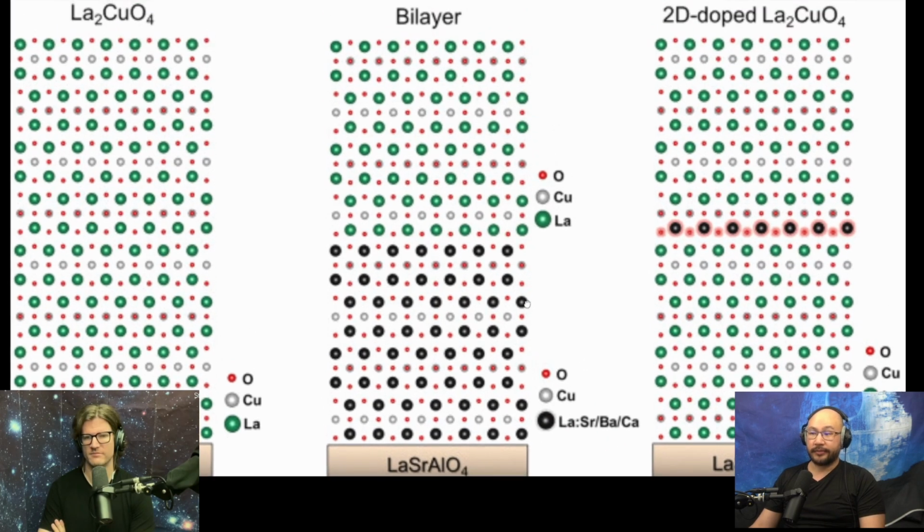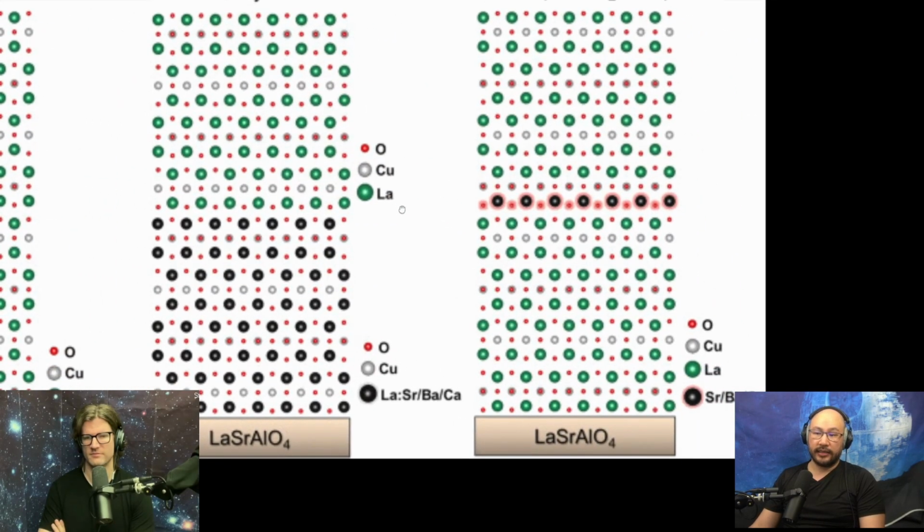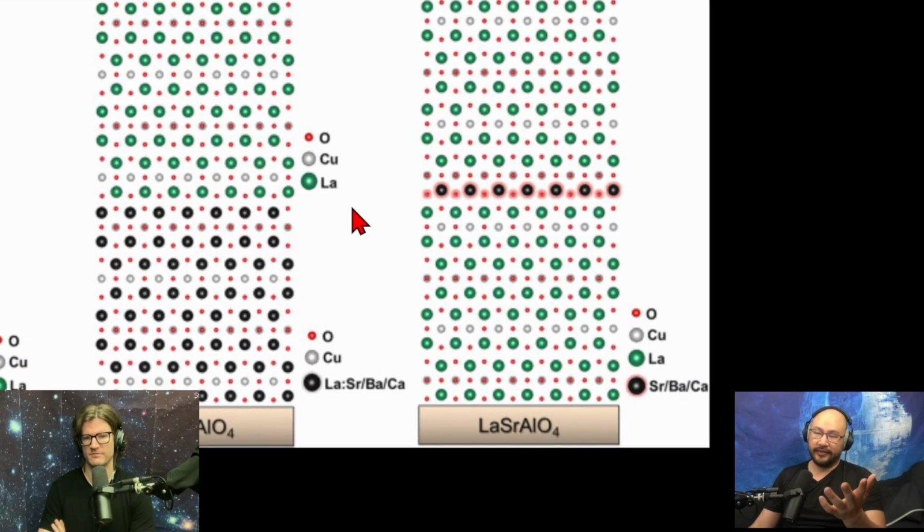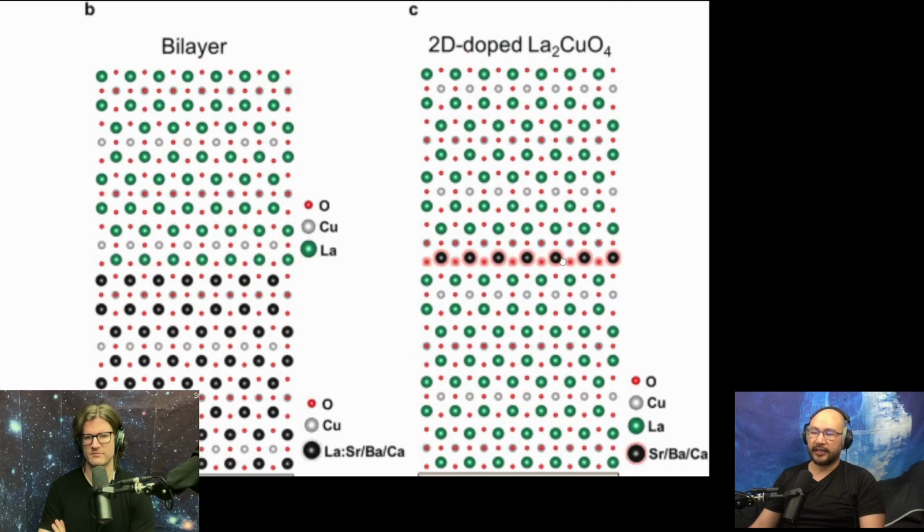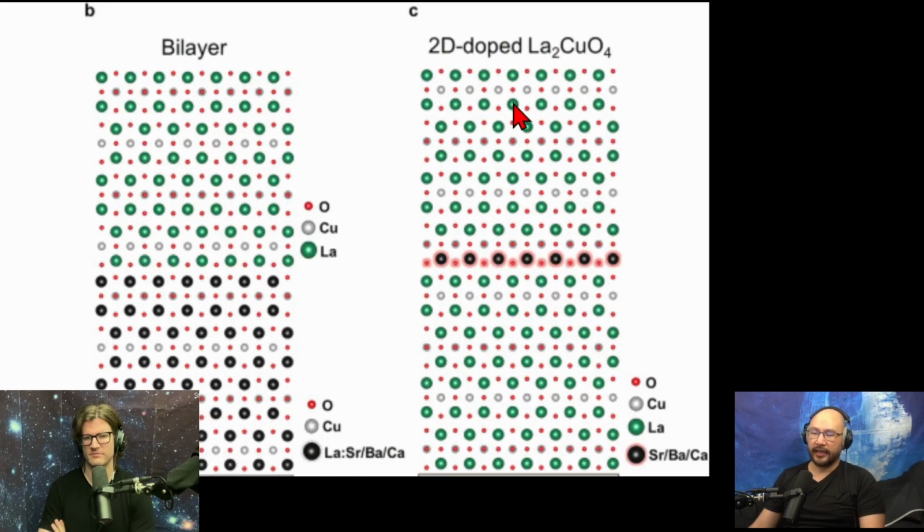But then we can switch it up and grow this next section, lanthanum copper oxide, or even, more precisely, we can grow one layer of the lanthanum copper oxide, and then a single layer of this strontium, barium, calcium, and then switch back to this lanthanum copper oxide.